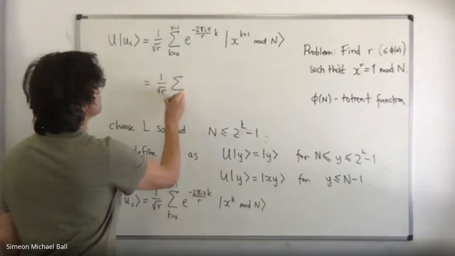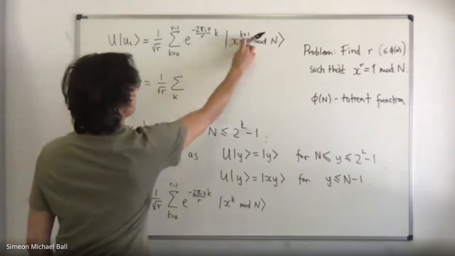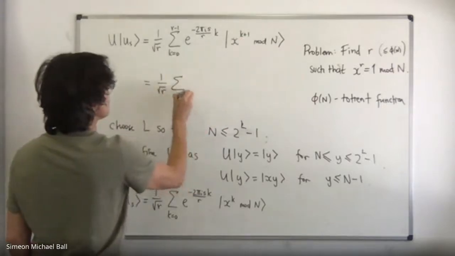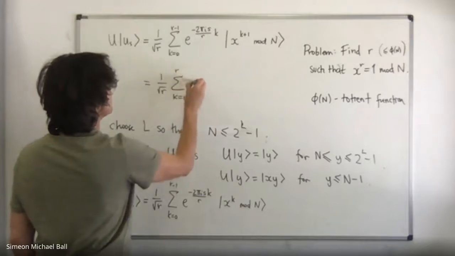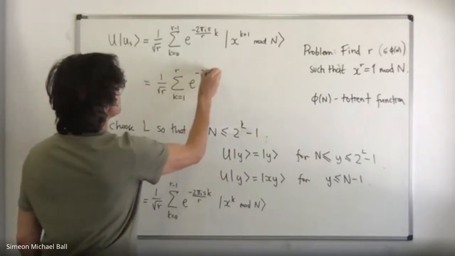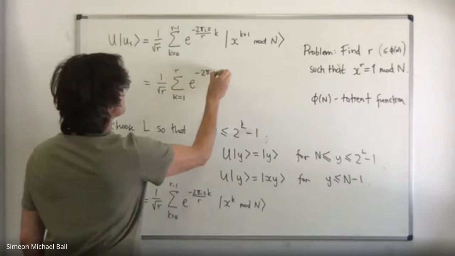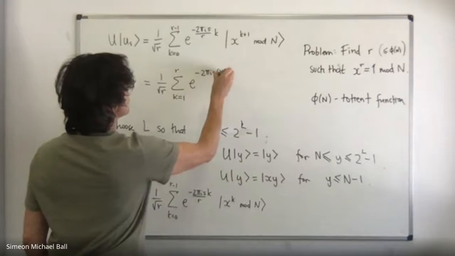This sum goes from 1 to r, so this is the value going from 1 to r of beta minus 2i s. And now I get k minus 1.